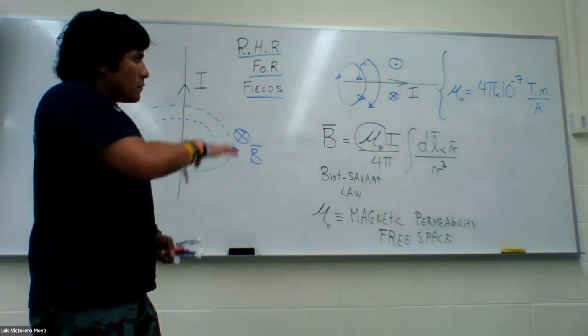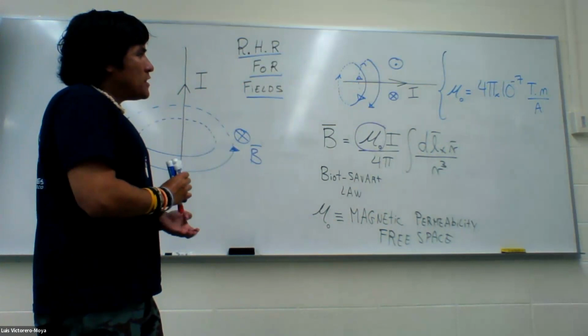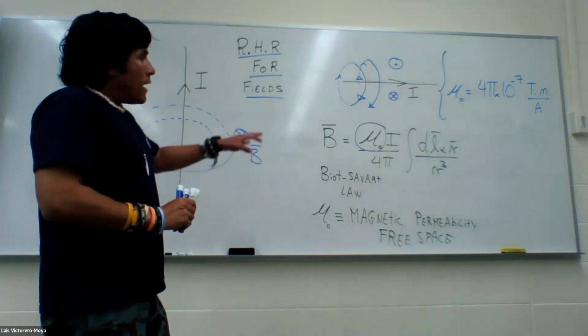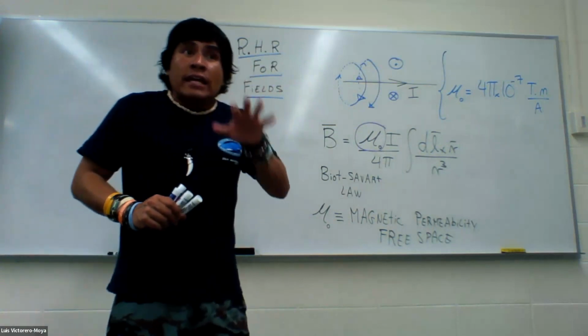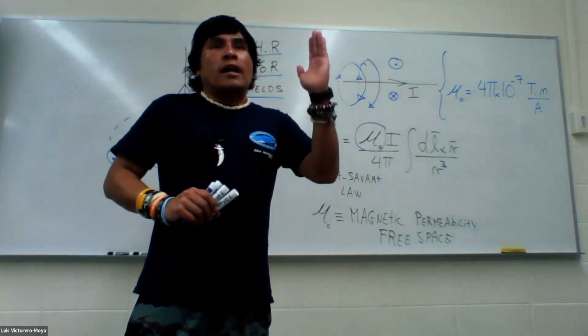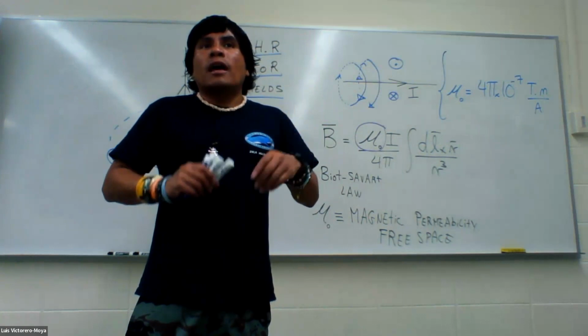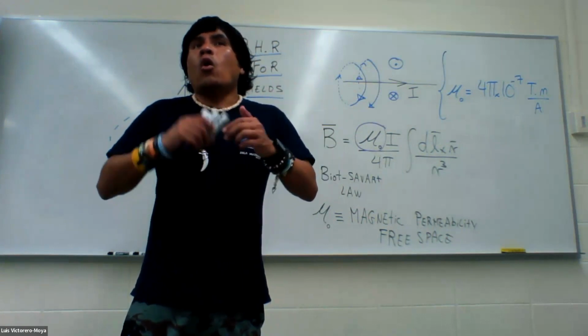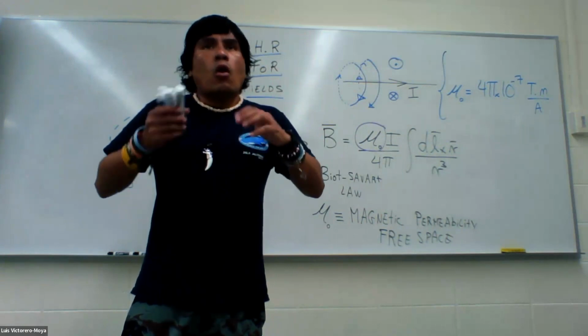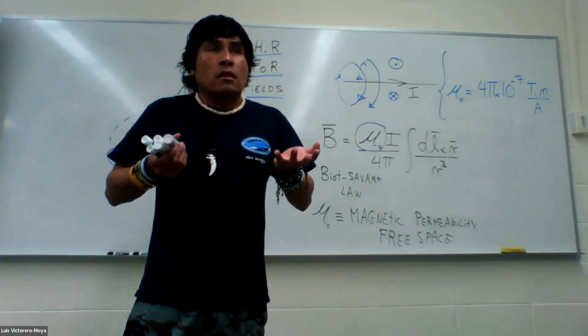Now, calculating magnetic fields using that is useful, but we can simplify this equation for what we are interested in in this course, which are long conductors and symmetrical conductors like solenoids and toroids, or even circular loops. All of them have symmetry.